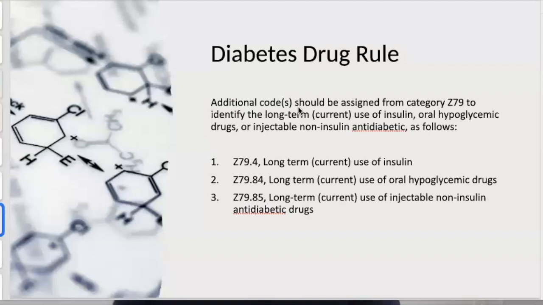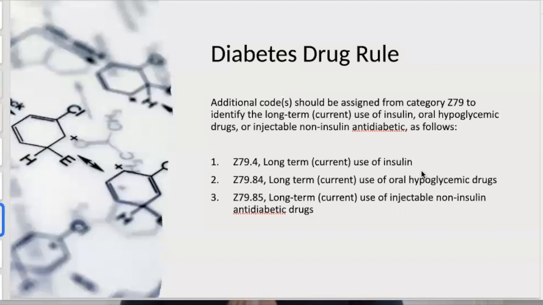An additional code or codes should be assigned from category Z79 to identify the long-term current use of insulin, oral hypoglycemic drugs, or injectable non-insulin anti-diabetic drugs, as follows. For insulin, this is the code Z79.4. For oral hypoglycemic drugs, this is the code Z79.84. And for the long-term current use of injectable non-insulin, it is Z79.85.